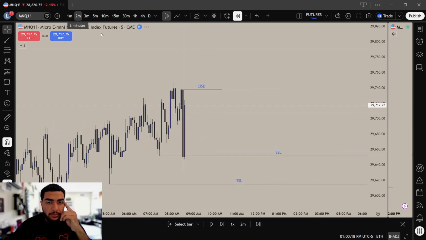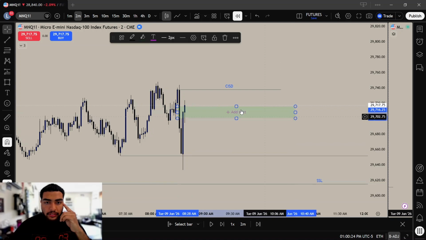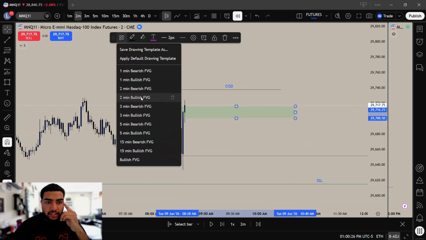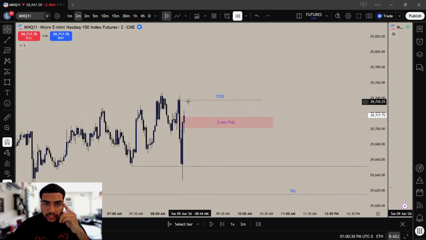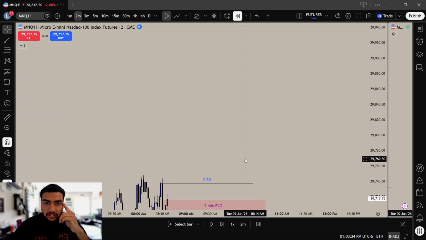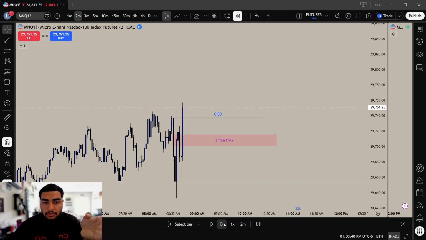So let's go to the 2 minute. On the 2 minute, we have this right here, a 2 minute bearish fair value gap. We're looking to inverse this and close above this change in state of delivery, and then we'll aim for this buy side up there. Doesn't happen.